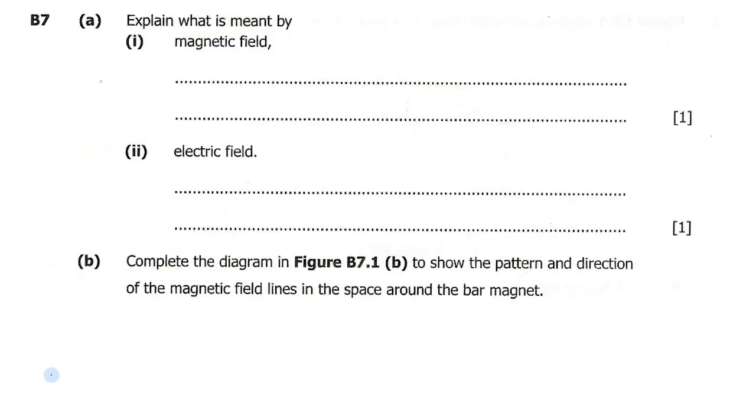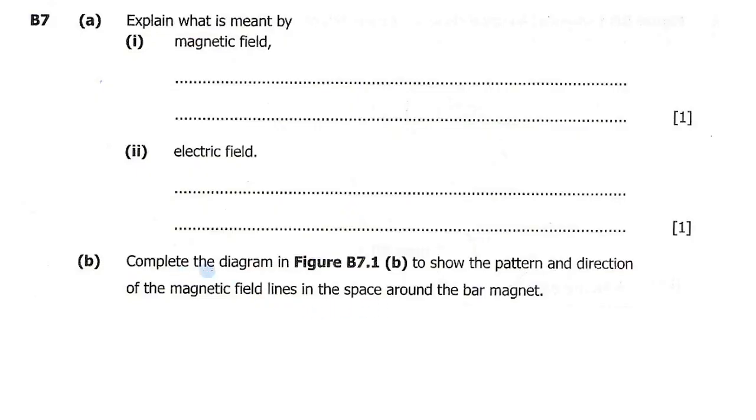Then they're saying explain what is meant by magnetic field. This is the region around a magnet where the force of attraction, or magnetic force, is experienced. Then electric field. This is a region around a charge where the force of attraction is experienced.